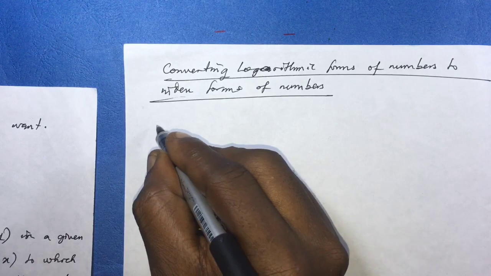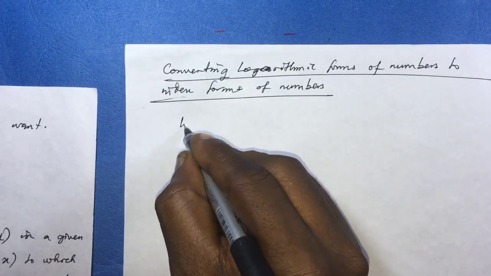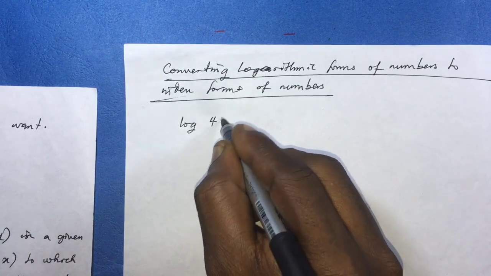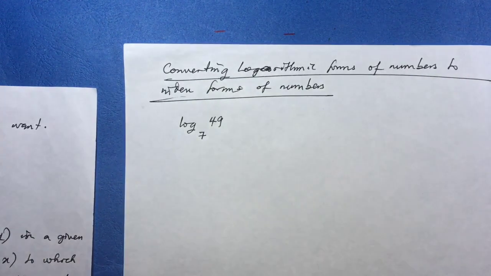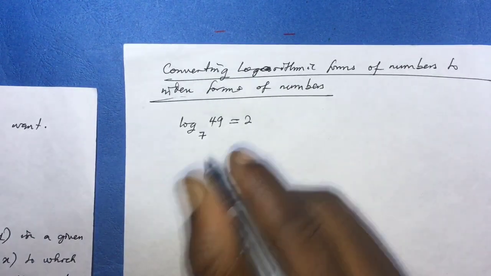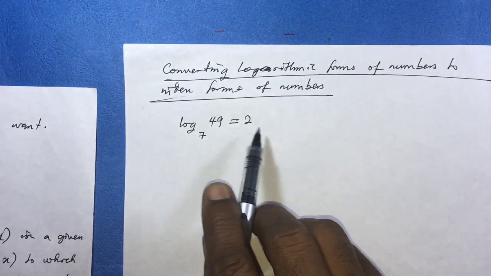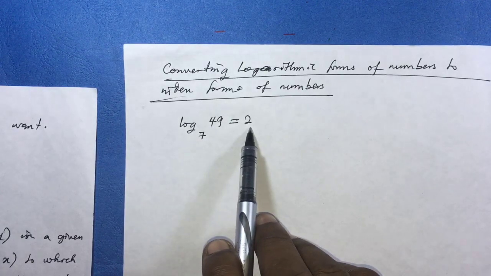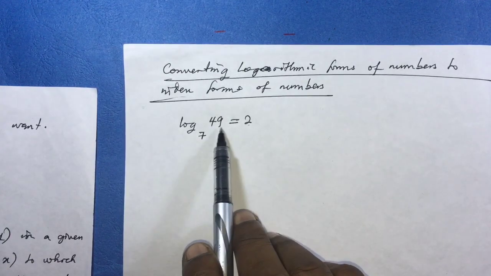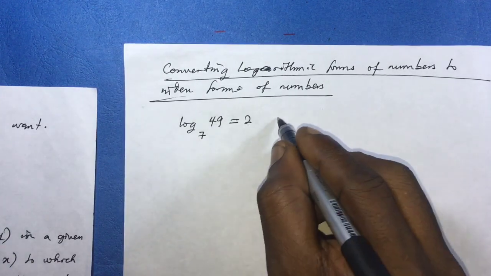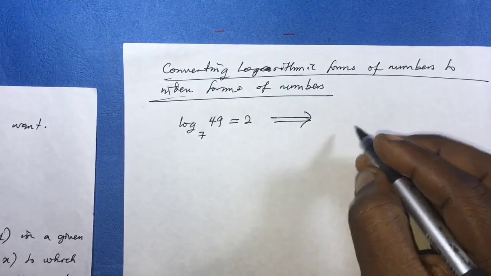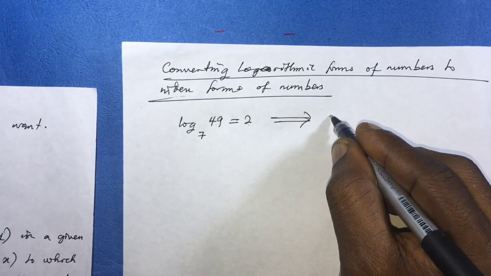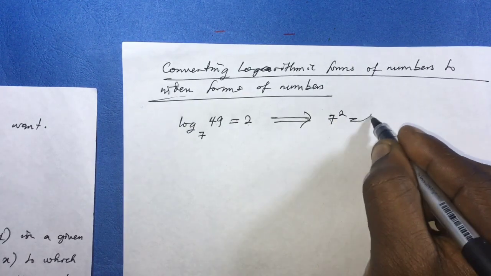So let's see, the logarithm of the number 49 in base 7 was given to you, and that means log 49 in base 7 is equal to 2. Remember, the logarithm of 49 in base 7 is only equal to 2 simply because 7 raised to power 2 will give you 49, and that means that the corresponding index form of 49 in base 7 will be 7 raised to power 2 equals 49.